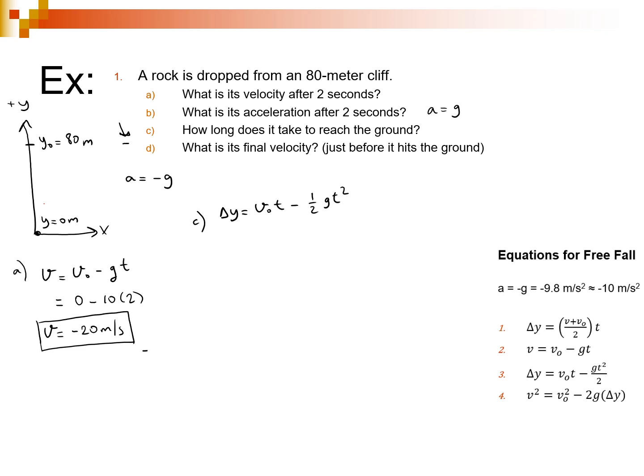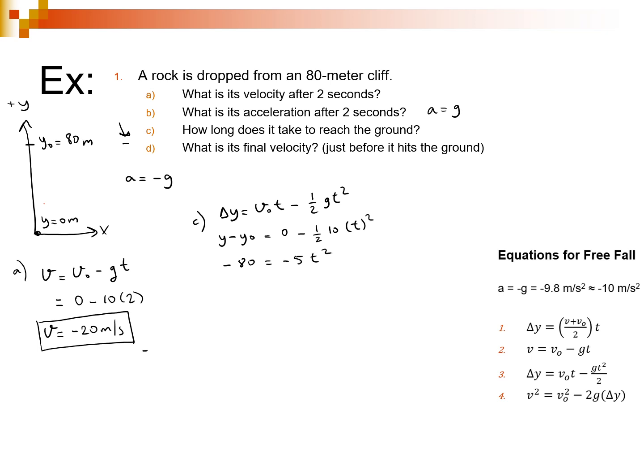Okay, delta y is, as you know, y minus y original, and v original is just 0, so this part is just going to go to 0, negative 1/2 g t squared. Okay, so y is 0, so 0 minus 80 is going to give me minus 80 equals negative 5 t squared.